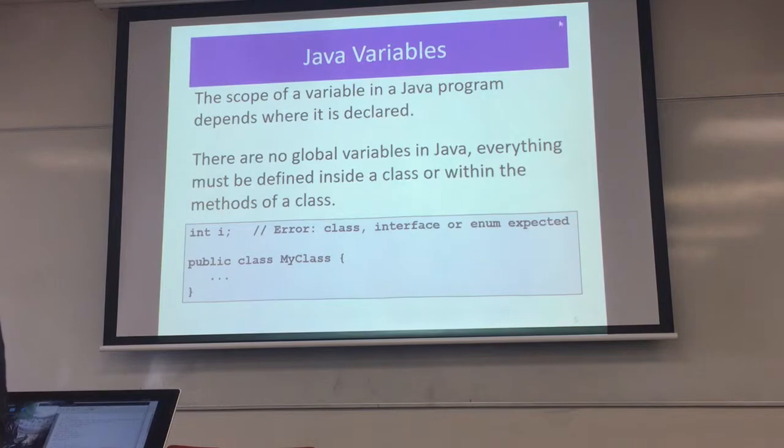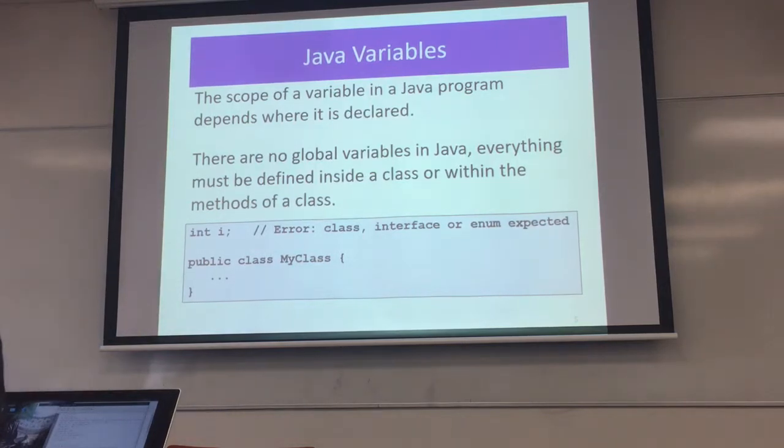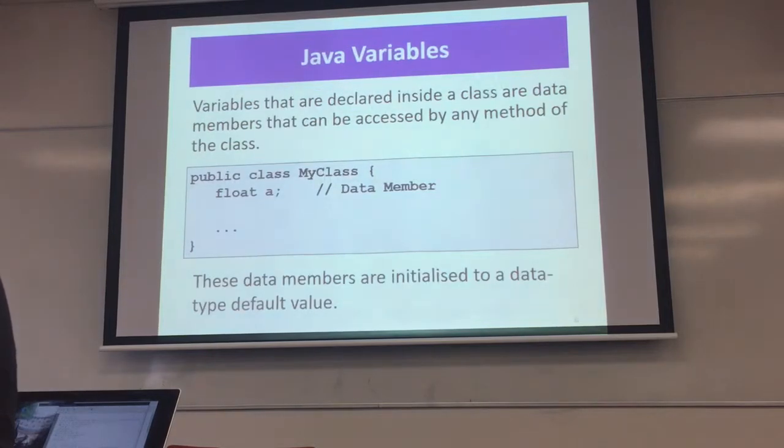It's a common stylistic way to name your classes starting with a capital letter. We will see that classes can be public, private, protected, like in C++, but we will work mostly with public classes.